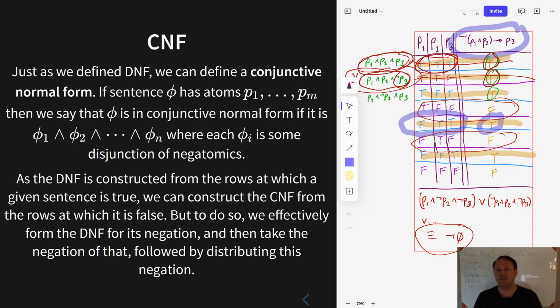That's going to put this sentence into conjunctive normal form, and it will be equivalent to phi. So that's how you get the conjunctive normal form for a sentence: you look at the truth table, you identify the rows at which it is false, you write down the disjunctive normal form for those rows, and then you put a negation on the whole thing and push it through. That gets you the conjunctive normal form.